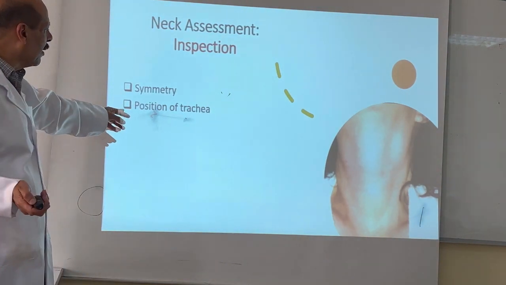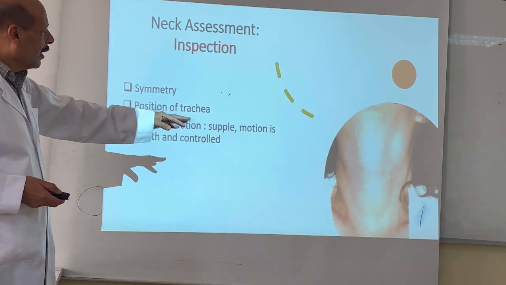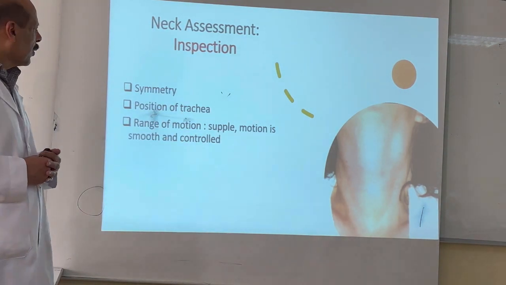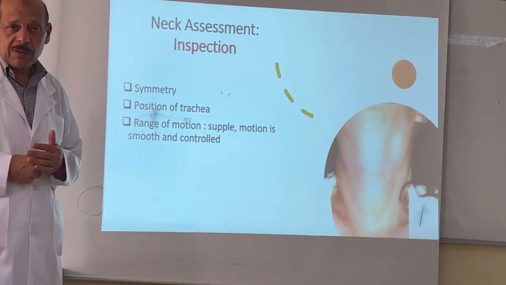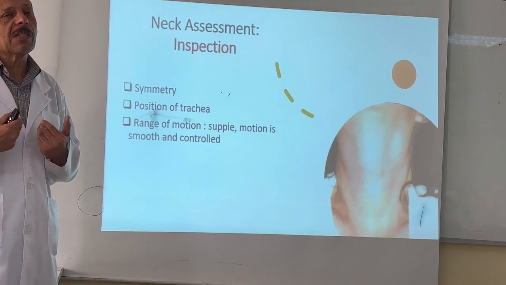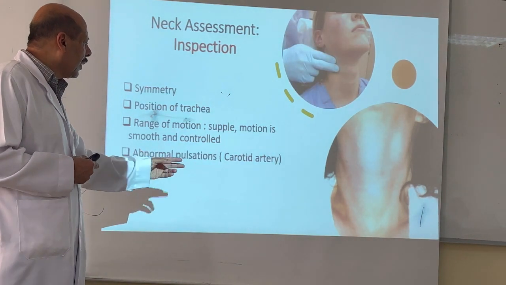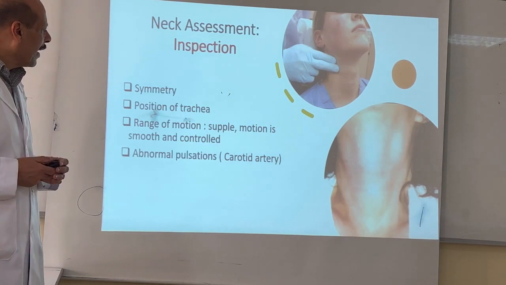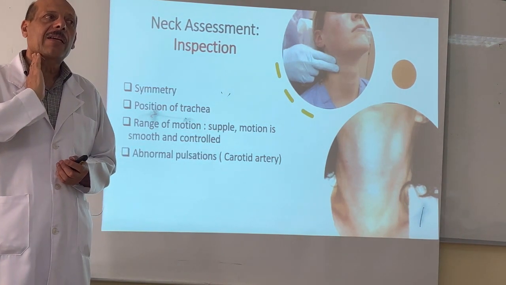So the symmetry, position of the trachea, range of motion; the motion is also smooth and controlled. So it is voluntarily controlled. Abnormalities and pulsation. There is a carotid artery here.